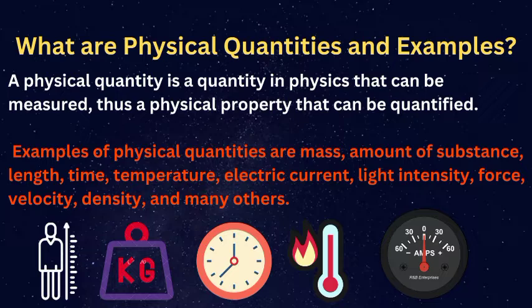In our real world, there are various physical quantities and we experience every day. Examples of physical quantities are mass, amount of substance, length, time, temperature, electric current, light intensity, force, velocity, density and many others.